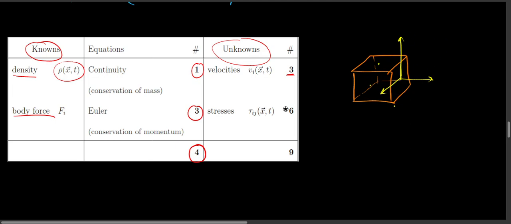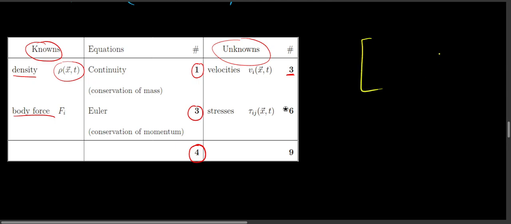But if you solve some mathematical sets of equations, you get that tau 1 2 equals tau 2 1 and so on, and that really simplifies our math and therefore removes 3 of the stresses. It would have been a 3 by 3 matrix of stress tensors, giving you a total of 9 stresses. But from symmetry we took out 3 of them. So we have 6 unknowns here.